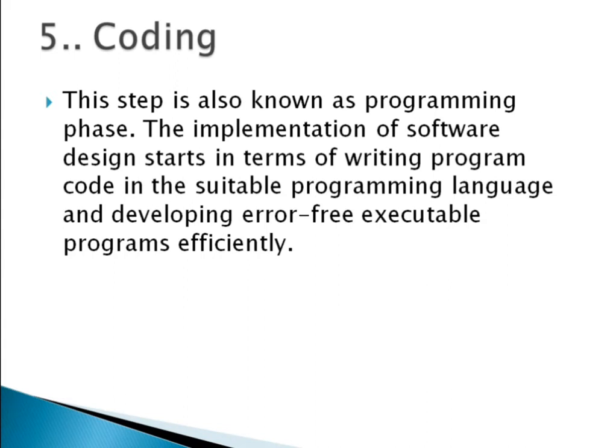Coding is the fifth activity. This step is also known as the programming phase. The implementation of the software design starts in terms of writing program code in a suitable programming language and developing an error-free executable program efficiently. When we make the software design, we implement that design in a programming language like C++, Java, or any other language that we need.